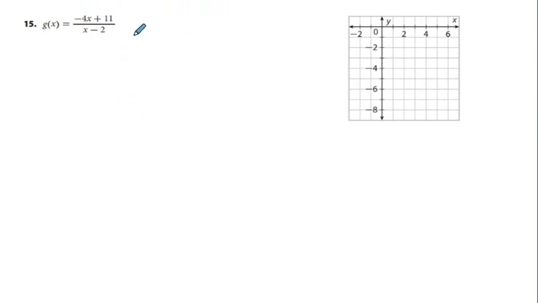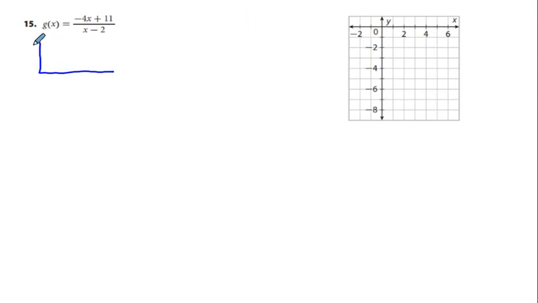Okay, next odd number problem that I'm going to work out is this one. Again, we have a quotient of 2 linear functions, and I'm going to use, as we've done earlier, synthetic division to get this into a standard form.